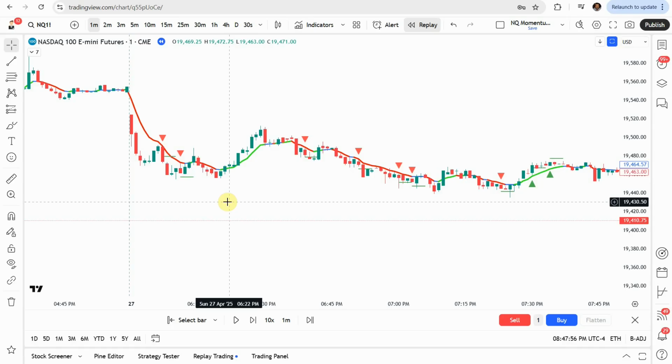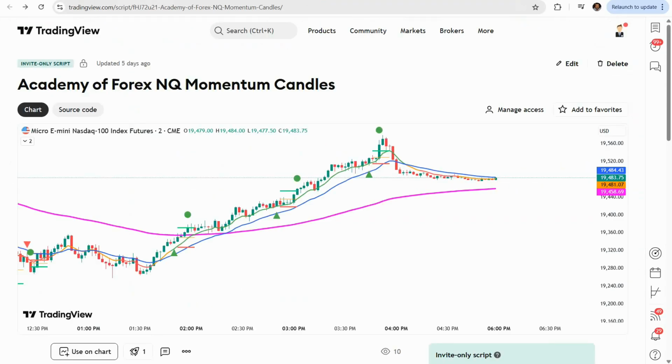Originally, I tried to develop an indicator that fit within his style of trading, which is trading during the New York session and taking one or two good setups a day, getting your money and getting out of the market. So what I created originally was the Academy of Forex NQ momentum candles, which gives you very high probability setups, a few of them a day.